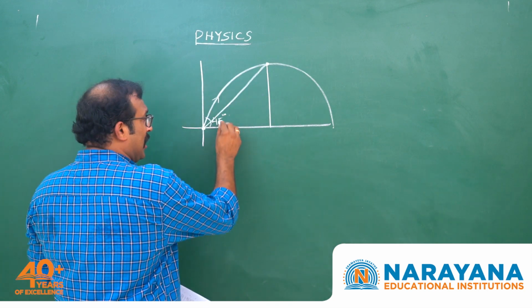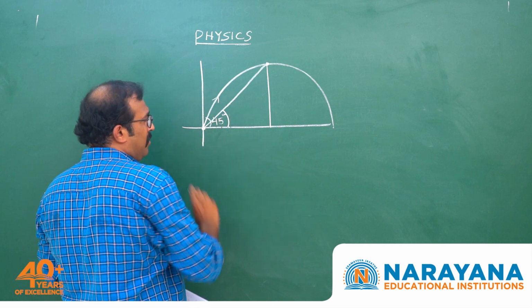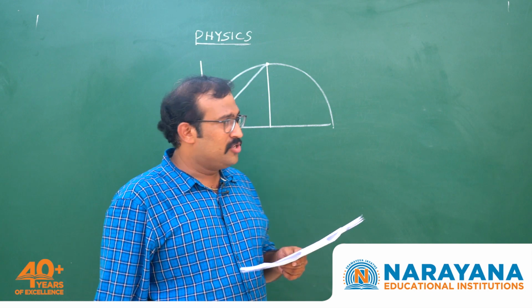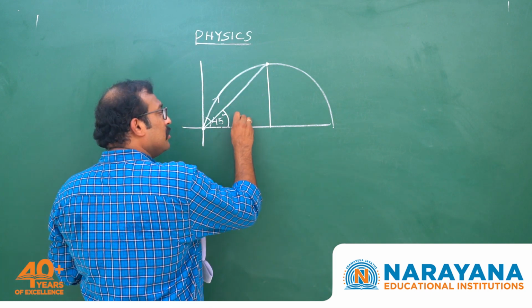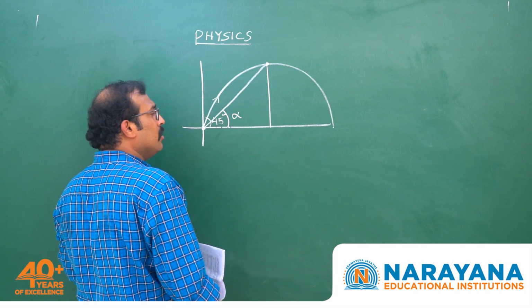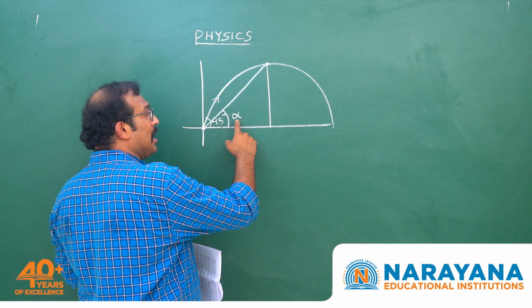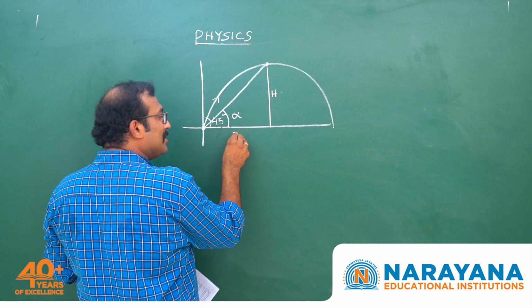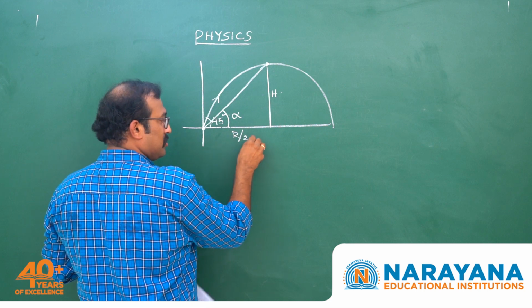The angle made by this straight line with the horizontal is called the angle of elevation. I am assuming this angle as alpha. This is the maximum height and this is half the range.